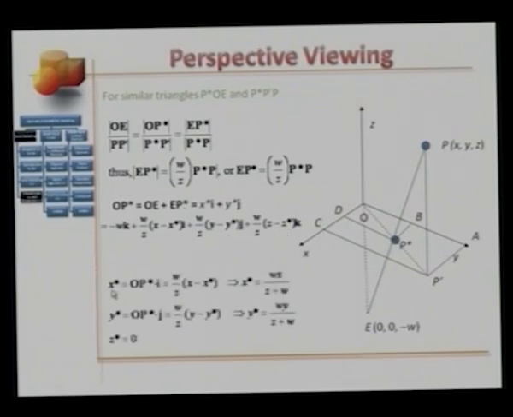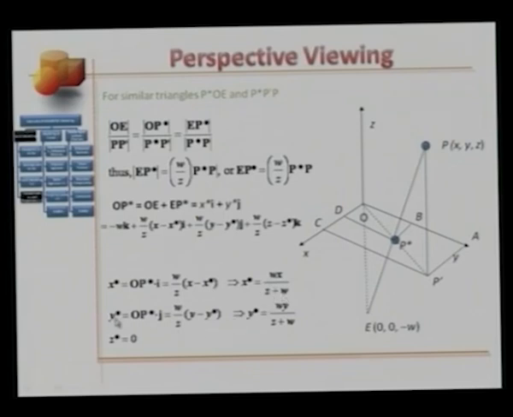The X coordinate X star will be corresponding to the ith component in this equation. In other words, X star using vector algebra is OP star dotted with the unit vector along the X direction, I. Once we do that, X star equals W over Z, X minus X star. I can use this equation, rearrange it, and get my X star as W times X over Z plus W.